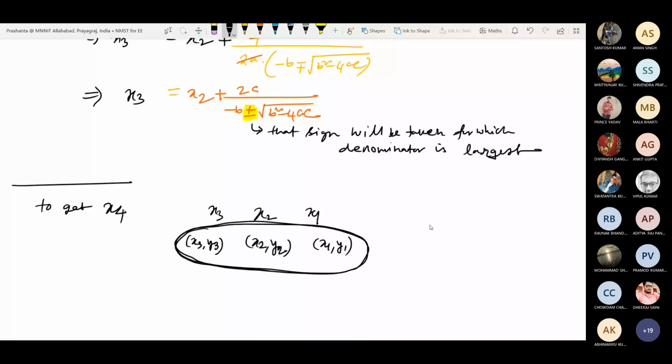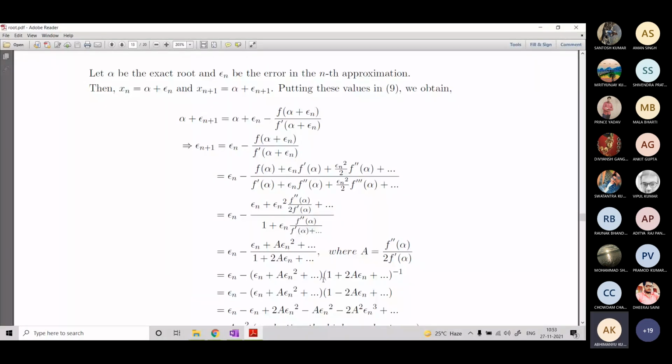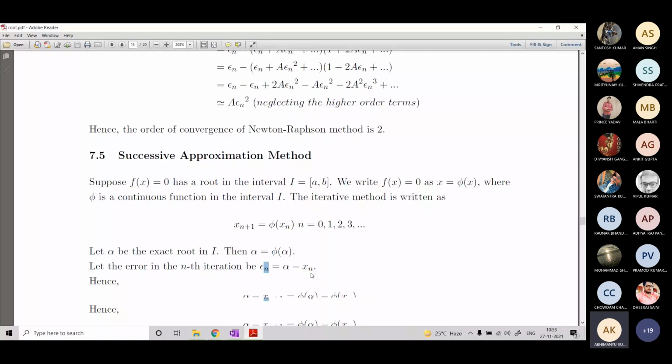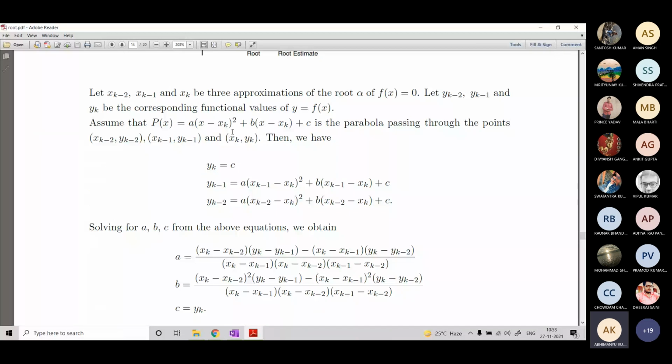So let me show you the PDF note. From there, you will understand in a better way, because there I have derived the formula in the k plus 1th iteration. These are the three approximate roots known to you in the kth iteration: xk minus 2, xk minus 1, and xk.